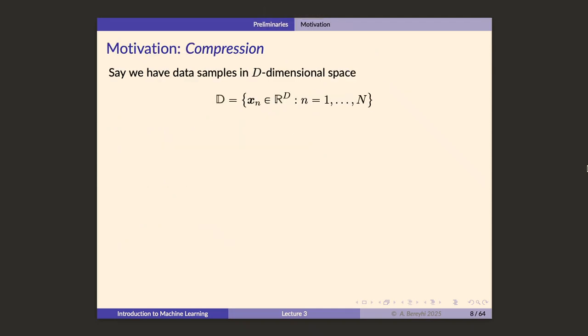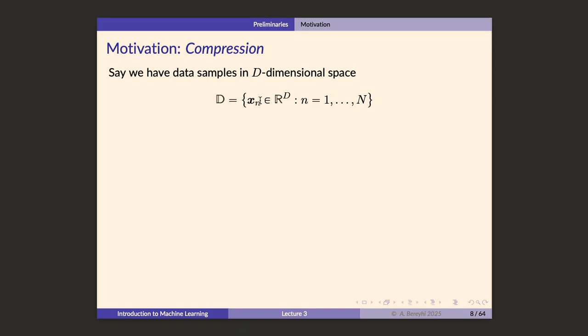Why do we do dimensionality reduction? And the idea of dimensionality reduction is that you get one data. So your data is, in general, d-dimensional. So I'm showing it here with d, as you can see. So this xn is a vector which contains d different components, and you have lots of them, right?